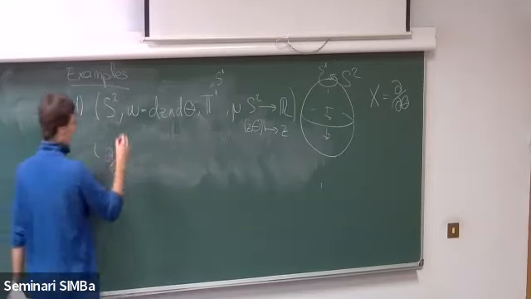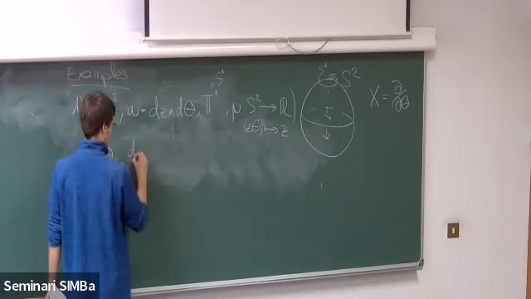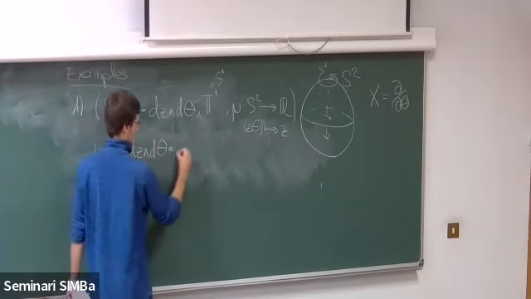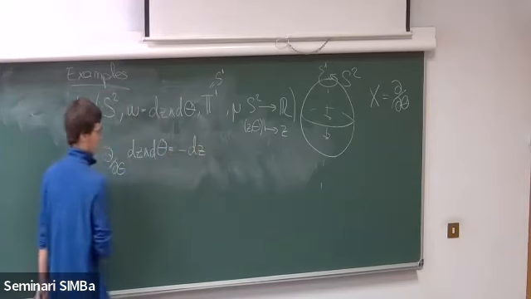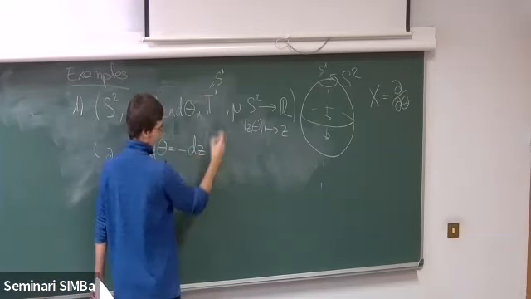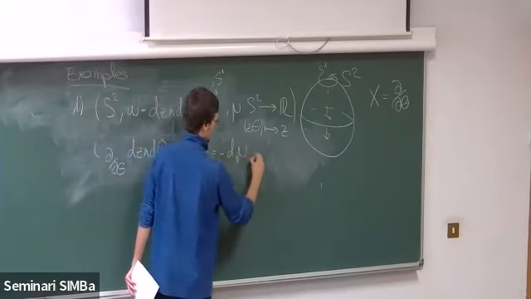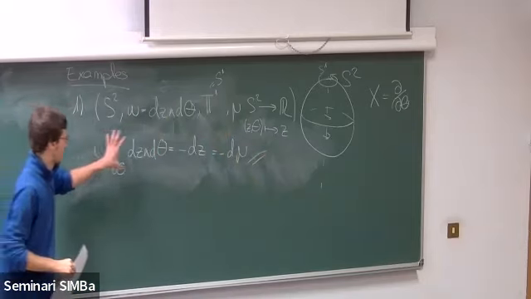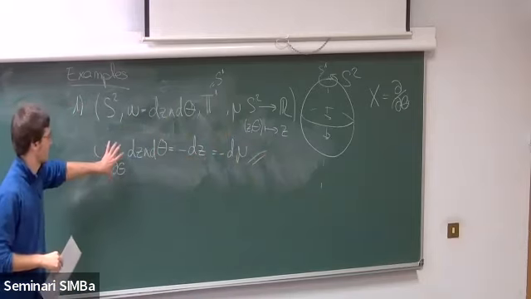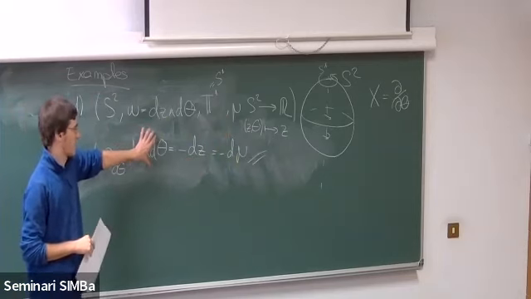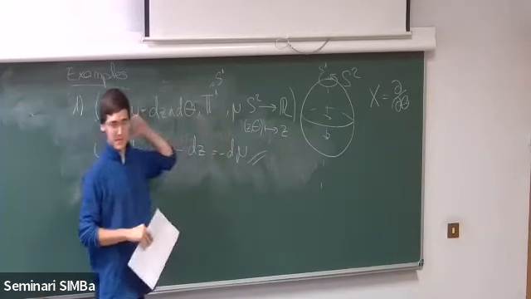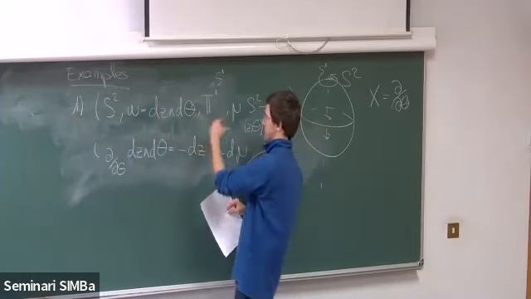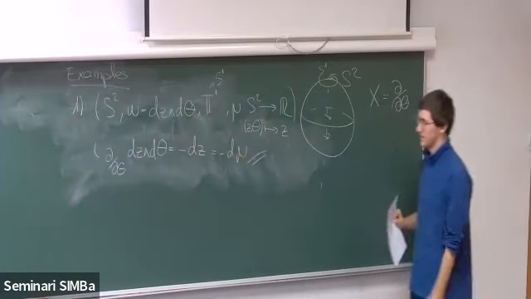This contracted with the form is exactly minus dz. So this is satisfied. This is a really easy example in which the condition that contracting the vector field with the symplectic form gives minus the differential of the moment map is satisfied. So the sphere with this rotation action is symplectic toric.